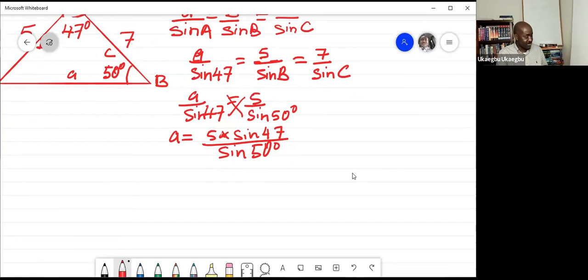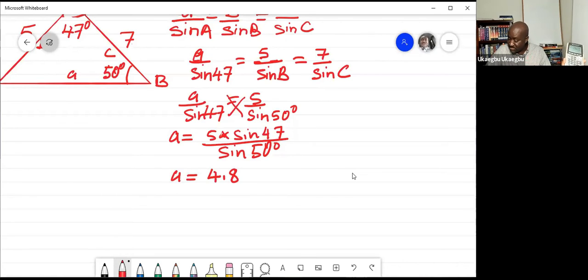You punch in 5 multiplied by sine of 47, close the parentheses, hit enter, and then divide by sine 50 degrees. That gives us 4.77, so A is about 4.8.